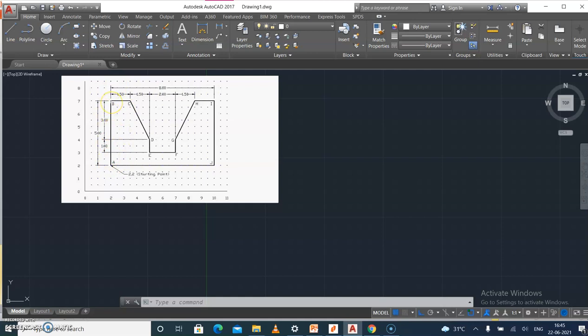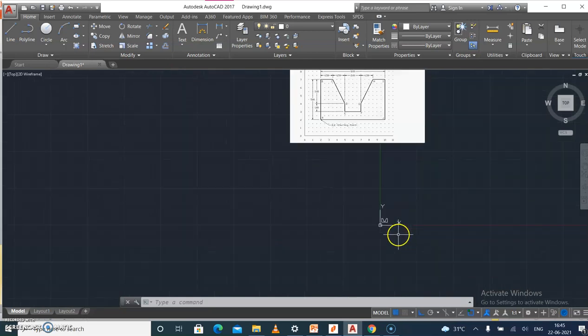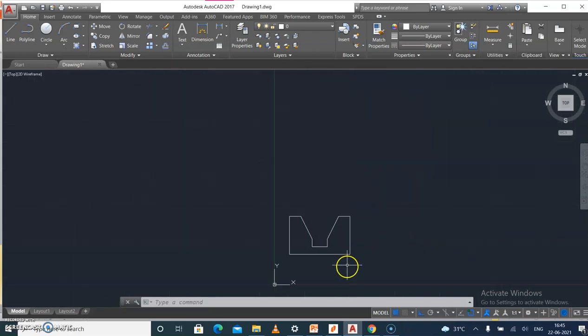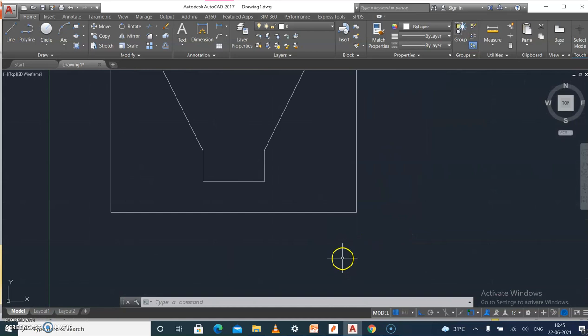For plotting the B point, we take 5, because 1, 2, 3, 4, 5 is the distance. So on we plot. This way is called the absolute coordinate system.